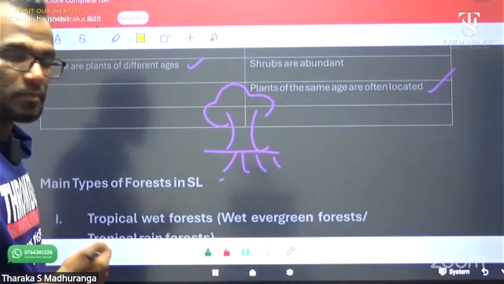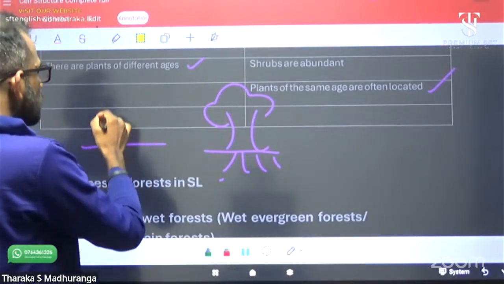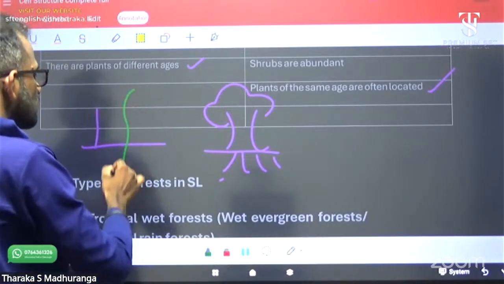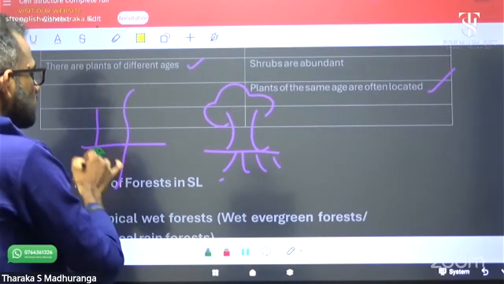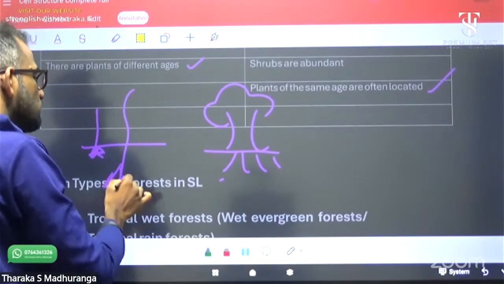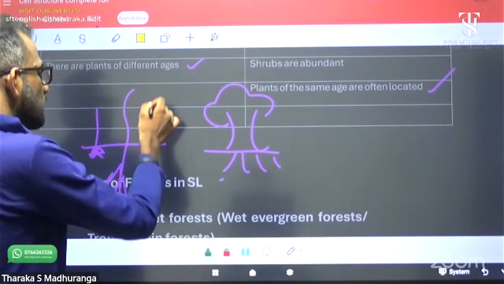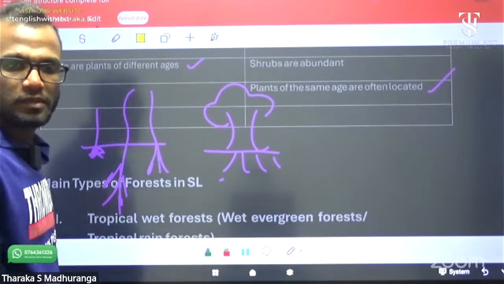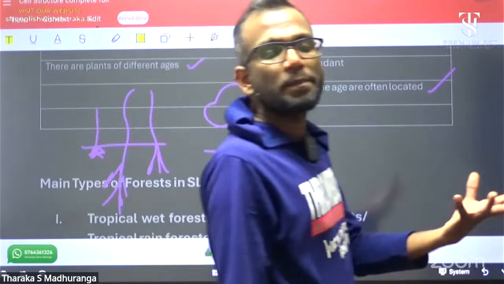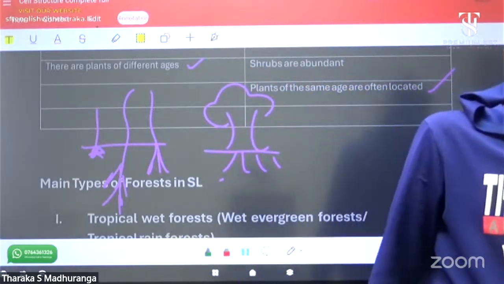In secondary forest, but in primary forest, different root zones. Sometimes a fibrous root system, sometimes a very deep taproot system, sometimes shallow taproot systems, right? Therefore, no more competition.